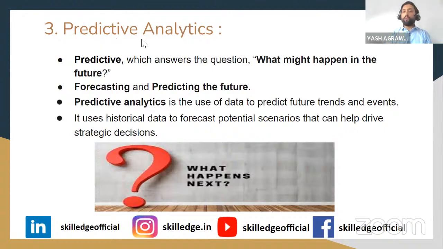predictive analytics. So how did you come to know that the price will increase? Because based on the past data you have seen from the last 15 years, every year TCS stock is increasing by 10%, 5% or 7%, right? So now, based on that trend and the performance of the company, we can predict that it will rise in the upcoming future as well.